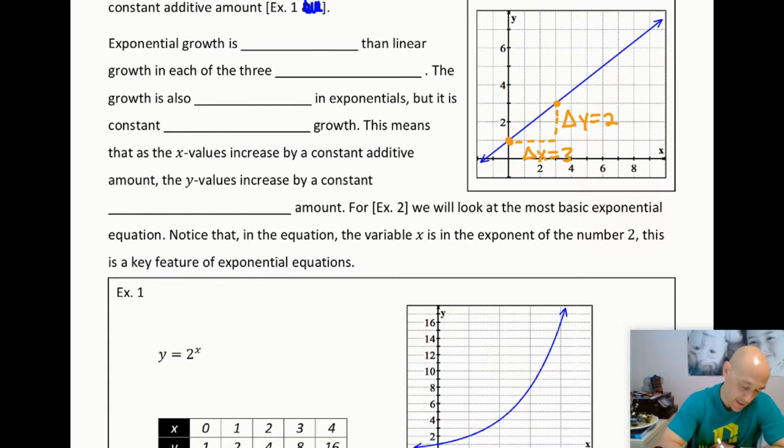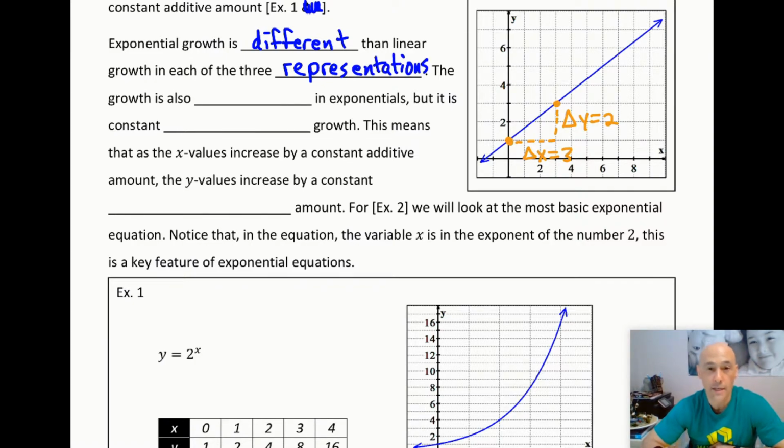Exponential growth is different. It's different than linear growth in each of the 3 representations. The 3 representations there are the equation, the table, and the graph.